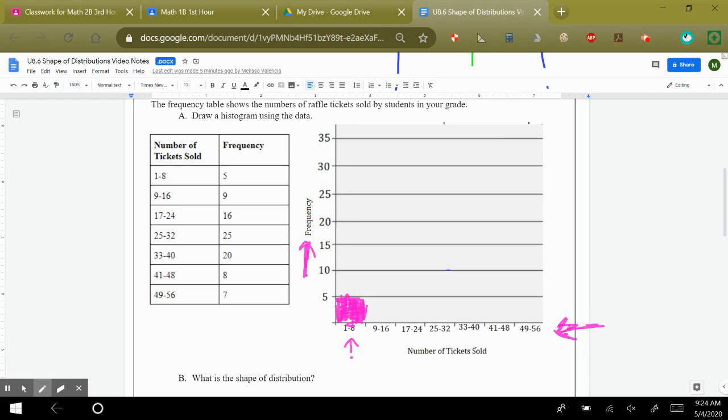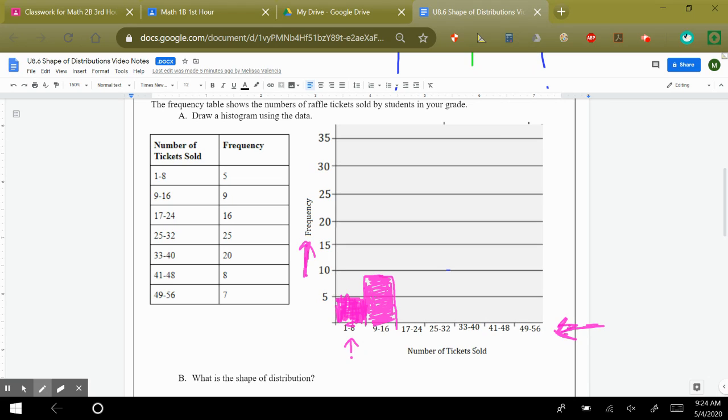For 9 to 16, which is the next one over, it needs to go all the way up to 9, which is probably going to be about right there. Make a bar, color it in. On your assignment, you're going to have little bars that you can stretch out and make as tall as you need to. On mine, I'm just drawing for right now.